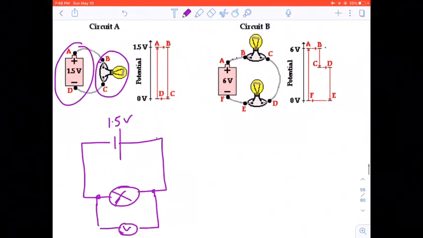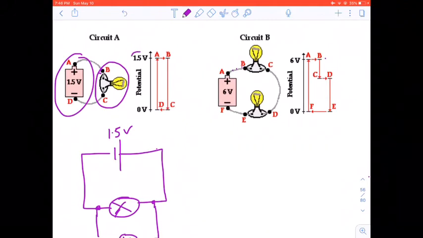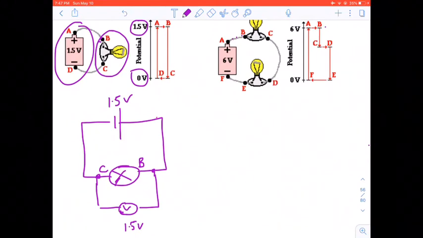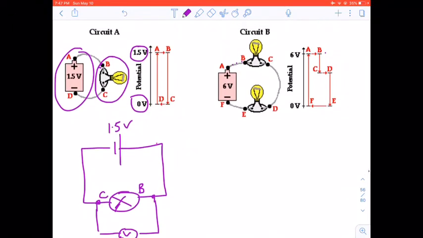So you find that here we have our battery, which has a voltage of 1.5 volts from A to D, and then from B to C there's a drop of 1.5 volts, right? So let's look at the next one.